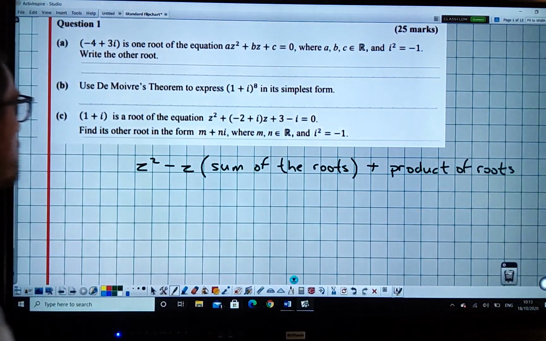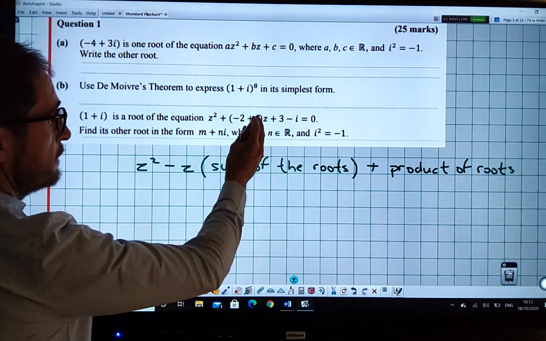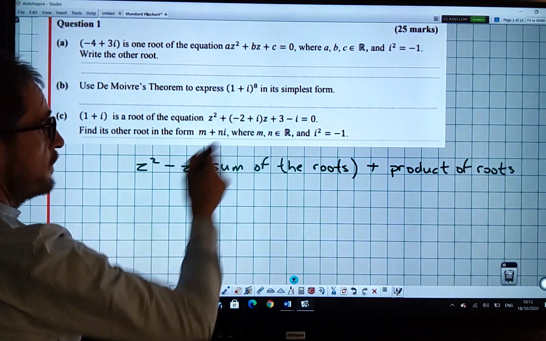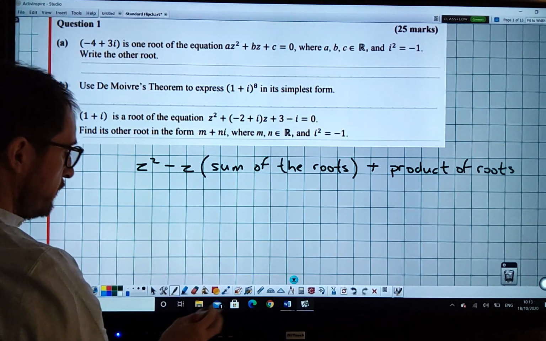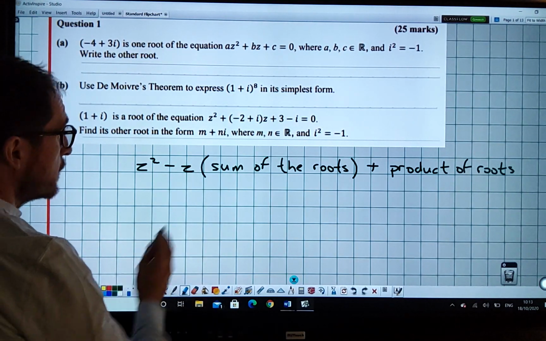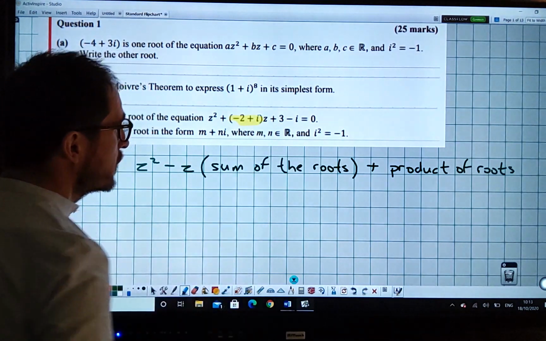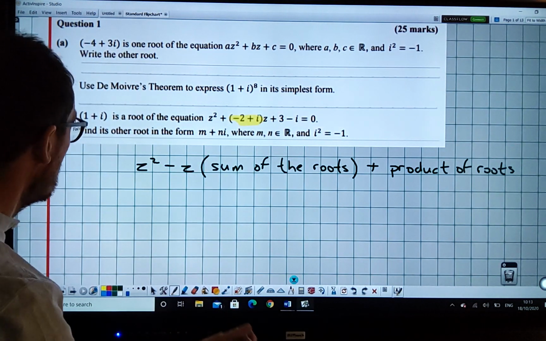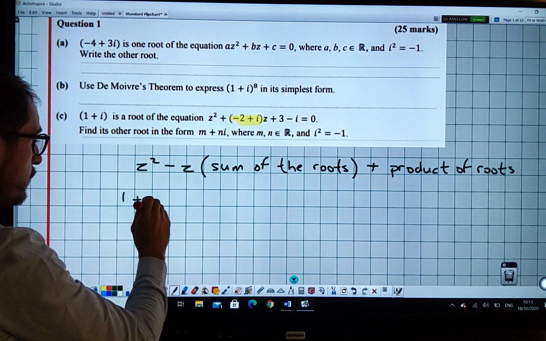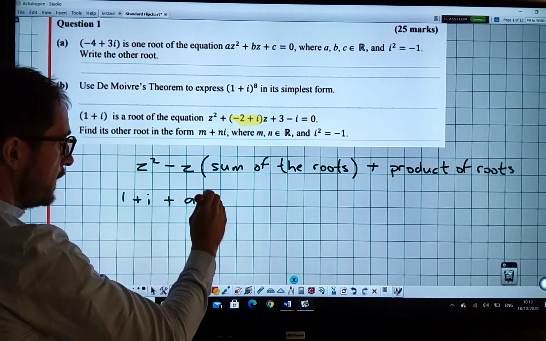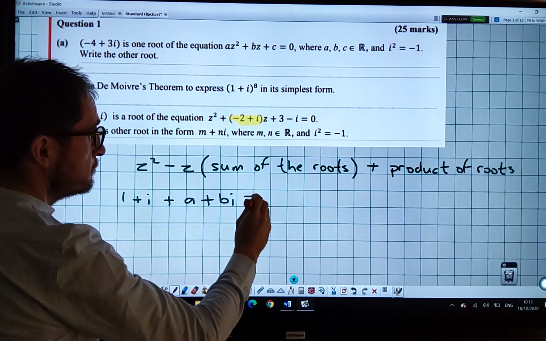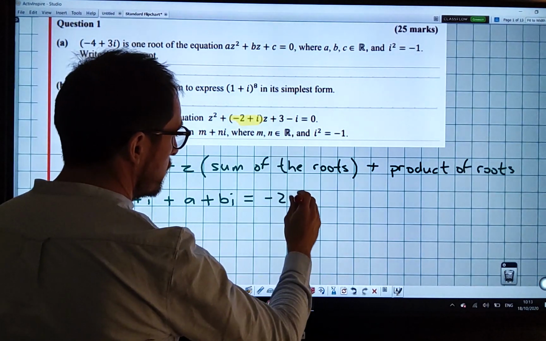It says here 1 plus i is a root of that equation. Find the other written in the form m plus ni. What I can see here is that I've got plus z times that there. So if you take this part here, the trick to this is that a lot of people will say you're going to have 1 plus i plus a plus bi equal to minus 2 plus i.